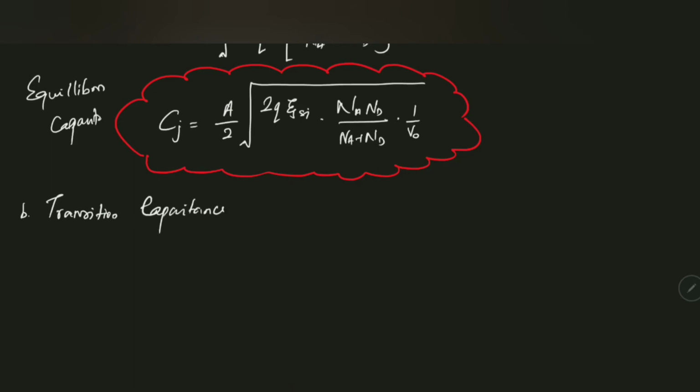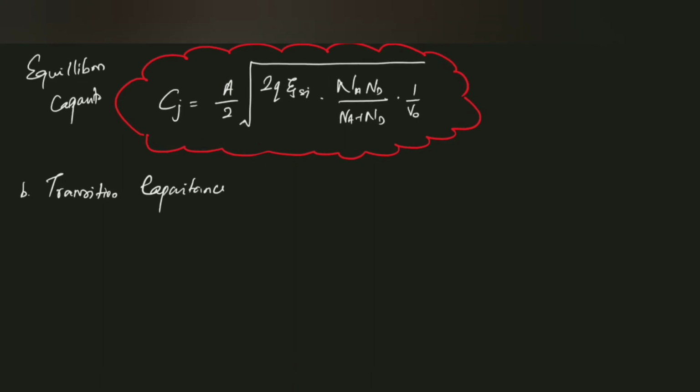In transition capacitance, the PN junction diode is in the reverse voltage condition, that is, the anode is connected to the negative and the cathode is connected to the positive. So what happens is that your depletion layer keeps increasing, and so the voltage expression value will change.